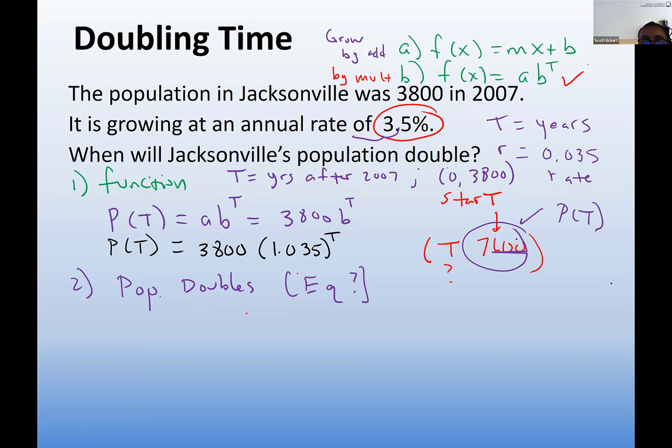And so we plug that into our equation, and we're going to have 7,600 equals 3,800 times 1.035 to the T power. So there we go.